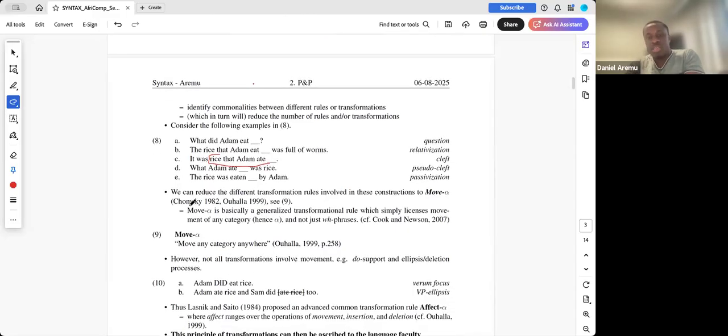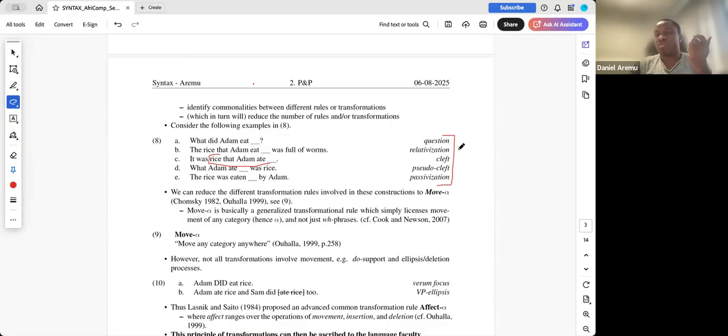So actually, what Chomsky said is that we can reduce the different transformation rules involved in these constructions to just move alpha. If you remember, I think towards the end of the last class, we were discussing move alpha. So Chomsky tried, again, to make our explanatory machinery as simple as possible and also as powerful as possible. We can now say that all these transformations that would result in different rules can be merged together.